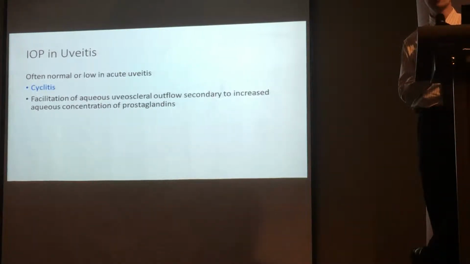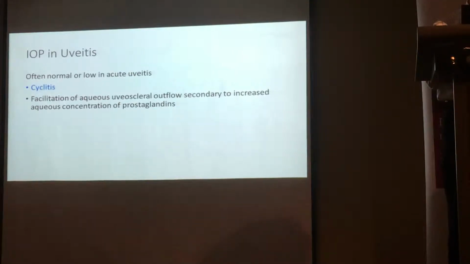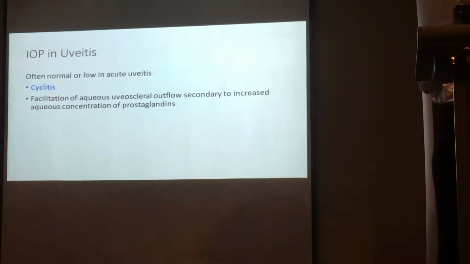This is usually because of the cyclitis which occurs, meaning the ciliary body, the structure which produces the aqueous in the eye, the epithelium of the ciliary process, is actually inflamed. And as a result of that inflammation, there is reduced production of aqueous.